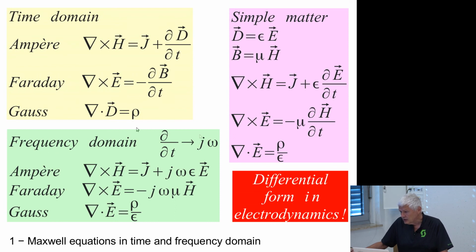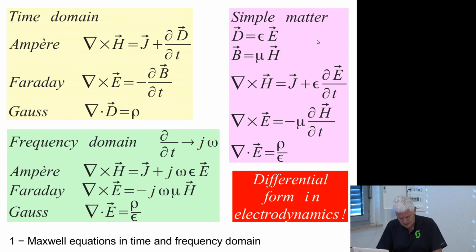But trying to solve equations in the frequency domain, we replace spatial derivatives, like the nabla here, the two curls here, the divergence here, with finite differences between neighboring elements. Usually we just have simple matter.